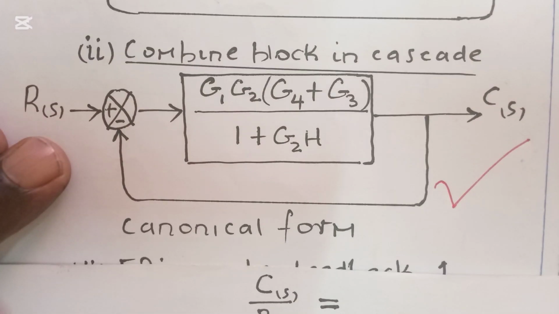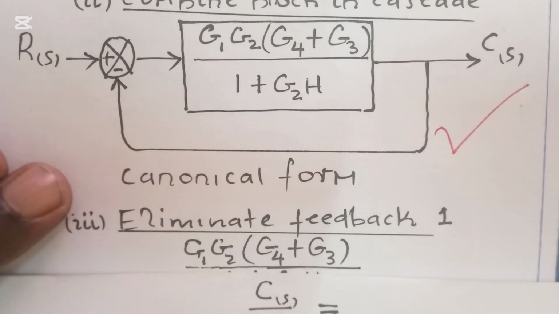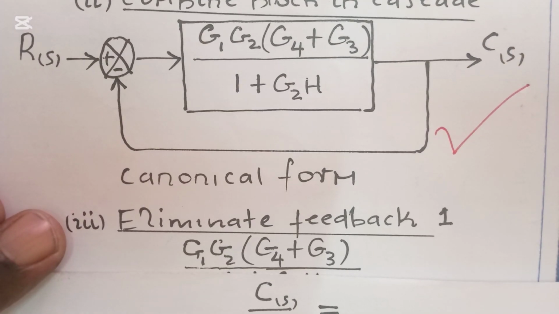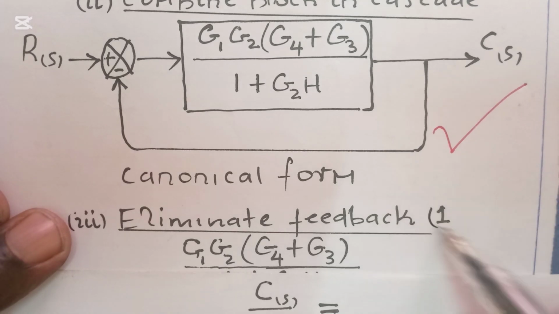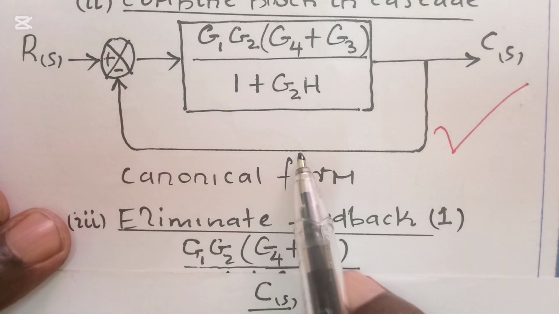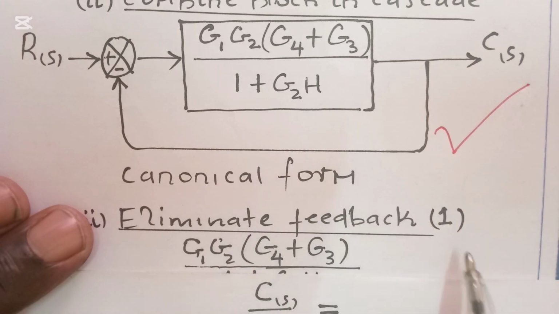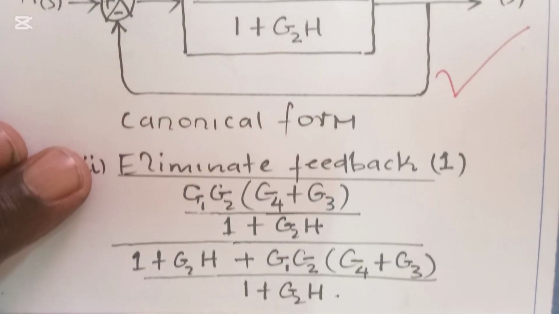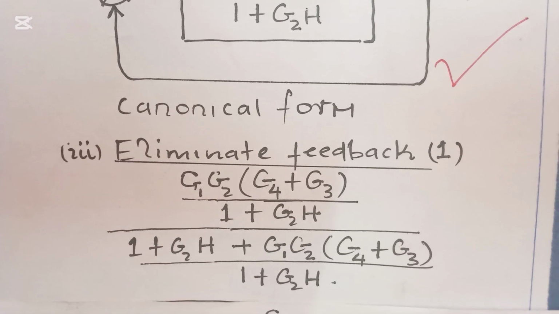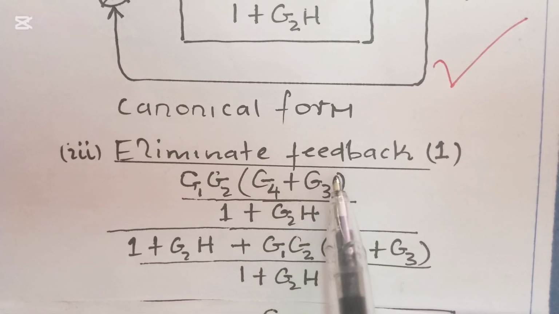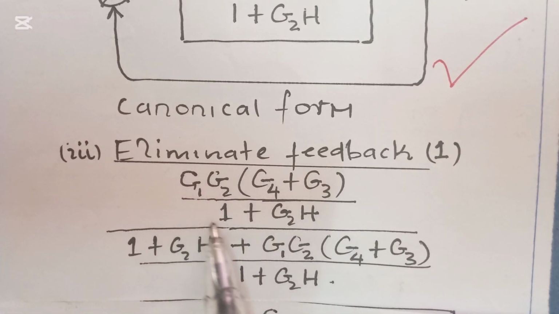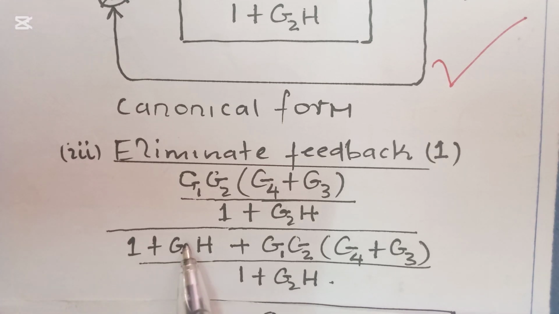So guys, that is the canonical form. We now eliminate the feedback 1. The transfer function of that feedback is 1. When you eliminate that, this is what we are going to have. We have our G, then we have 1.